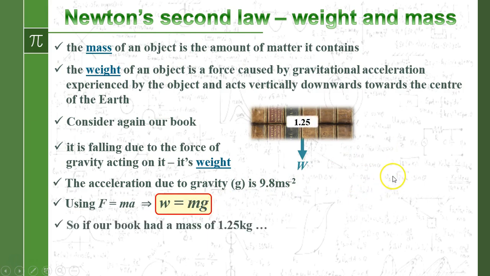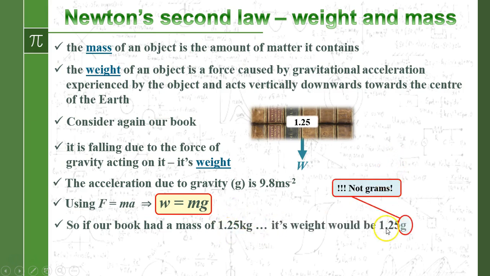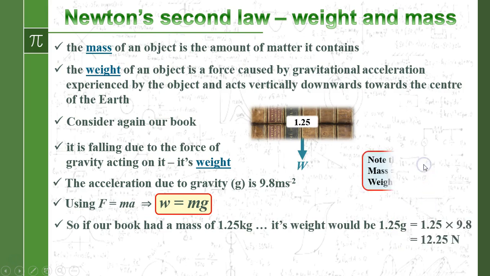So if a book had a mass of 1.25 kilograms, its weight would be 1.25 times g, bearing in mind that is absolutely not grams, that's g, the acceleration due to gravity, which turns out to be 12.25 newtons. Notice again, mass measured in kilograms, force measured in newtons. So the weight is a force, the mass is the amount of stuff it contains.